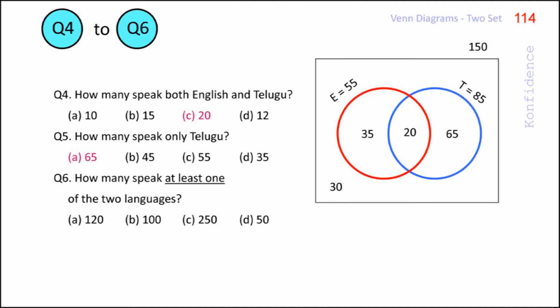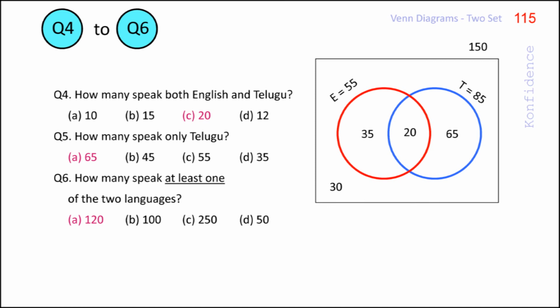Here, the question states at least one of the two languages, which means the number of people who speak one of these languages plus the number of people who speak both the languages.